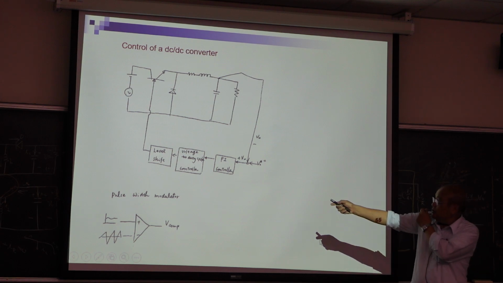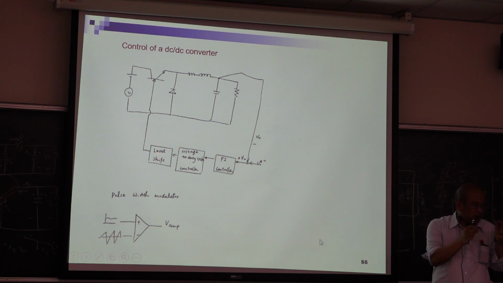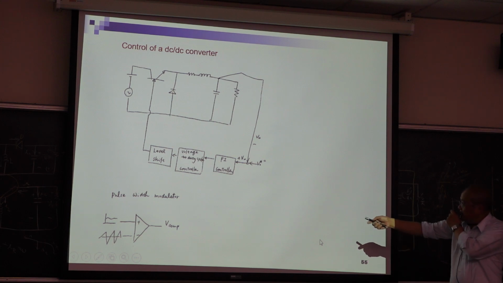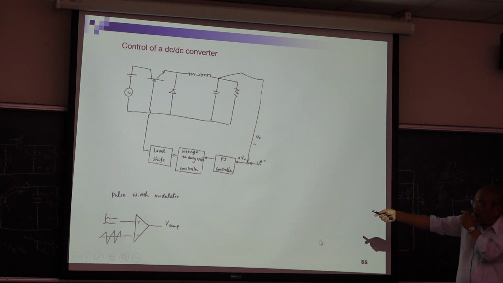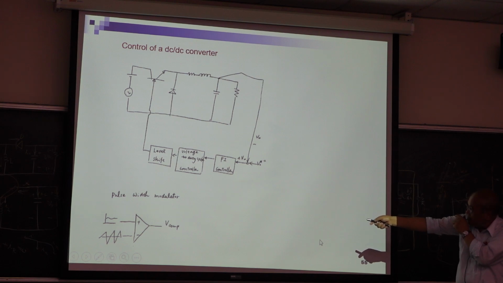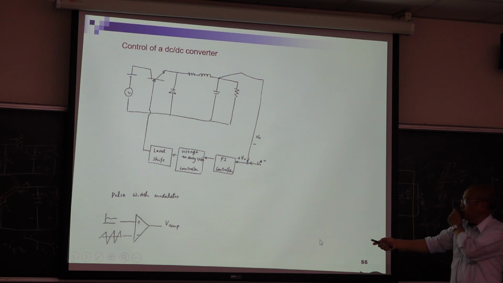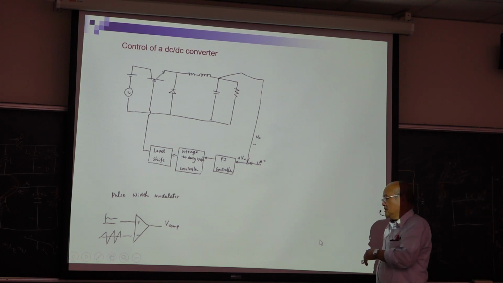So what should you do? You have to do a level shift to make sure duty is from 0 to 1. Duty cannot be negative. However, if your command is 6 volt but your output is 7 volt, then this is minus 1. Then this duty becomes minus 10. It is impossible. So you have to do a level shift.